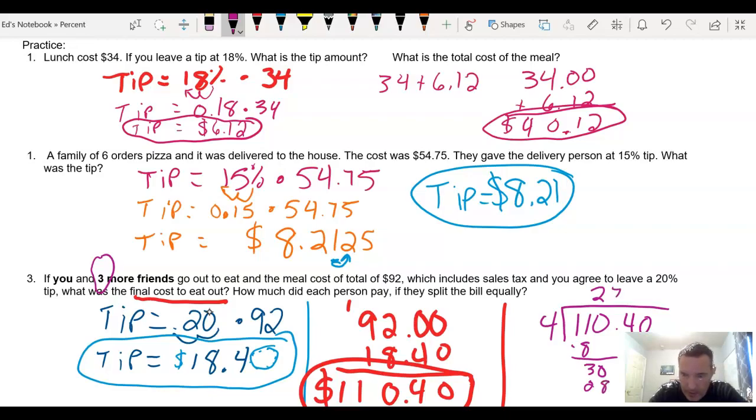And we get 27.6. Now, each person is going to pay $27 and not 6 cents. What do we have to add one more time? We have to add that 0. So each person will pay $27.60. And there you have it.